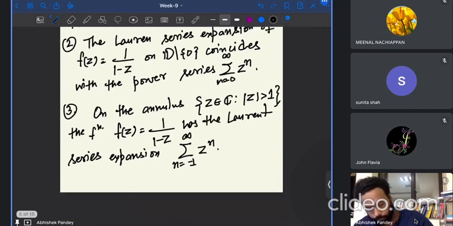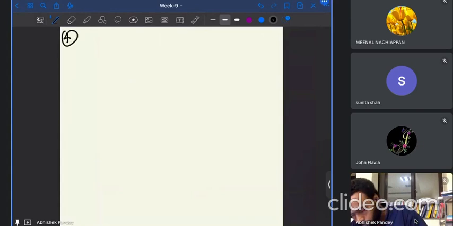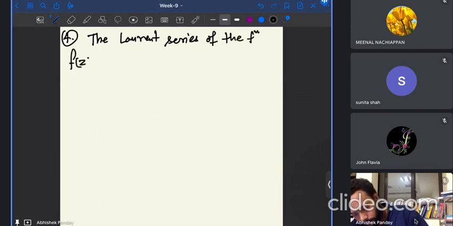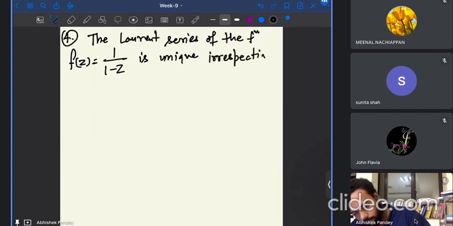And the fourth option is that the Laurent series of the function f(z) = 1/(1 - z) is unique, irrespective of the annulus.